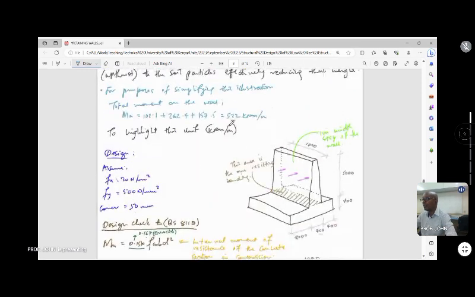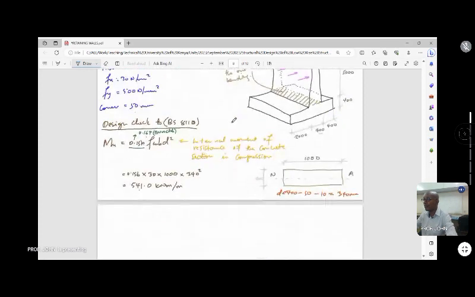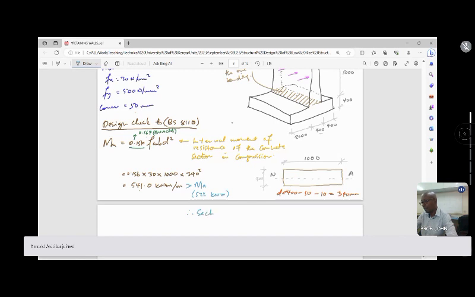It's just about there because we are interested in 522. So it's greater than 522. It's greater than MA. MA, which is 522 kilonewton meters. We say therefore, section is adequate.